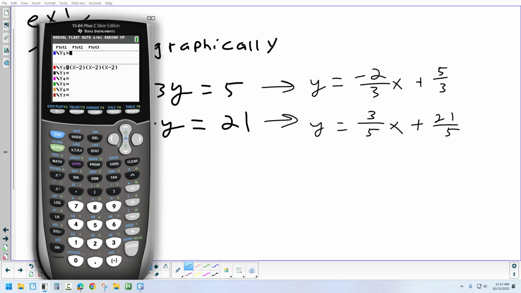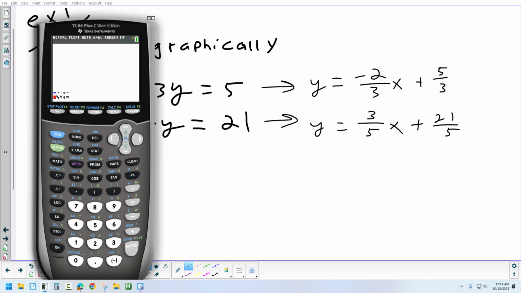Okay, so let's put them in. -2/3 x plus 5/3. There's other ways to type that, but that's how I do it. And 3/5 times x plus 21/5. Make sure we got everything typed in right.